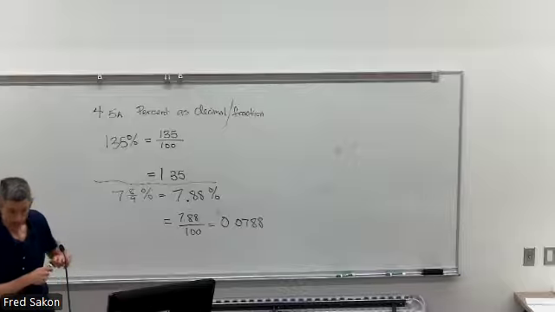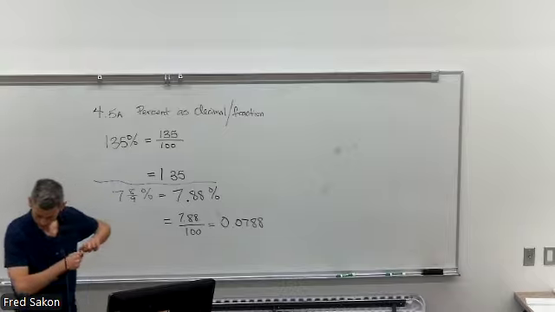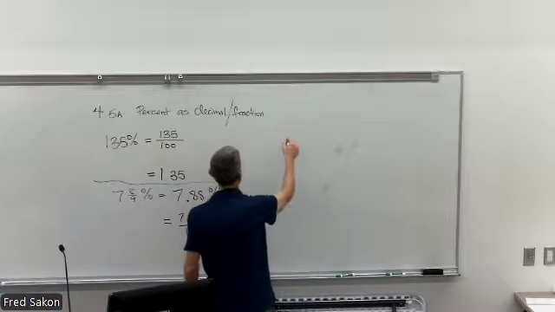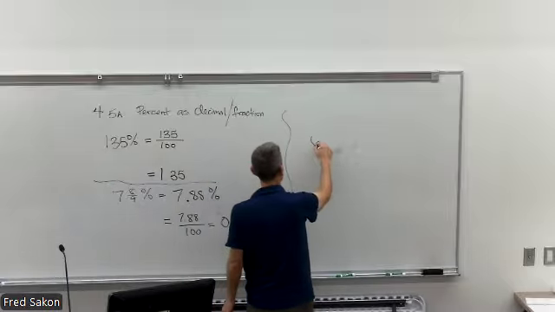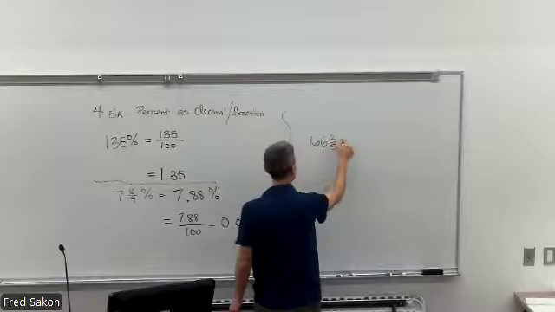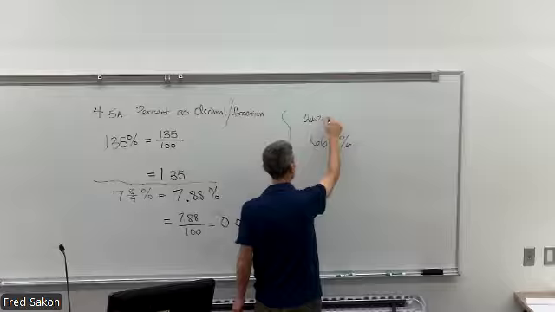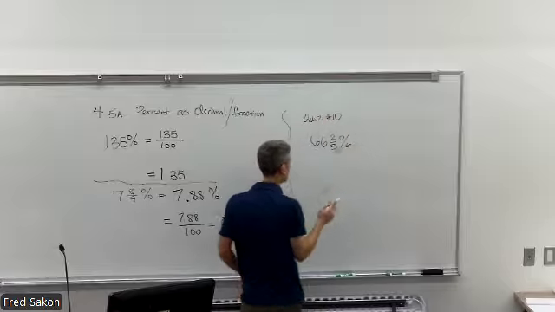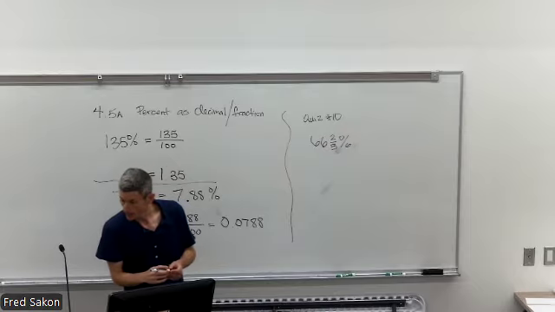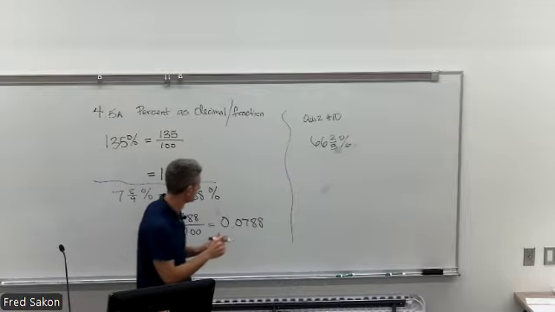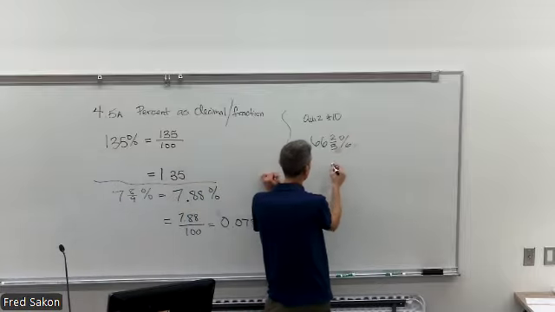The 66 and 2/3%. Yep. 66 and 2/3% was item number 10. And that does explicitly say to do it as a fraction. So let's talk about that.